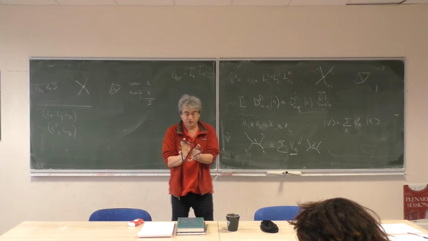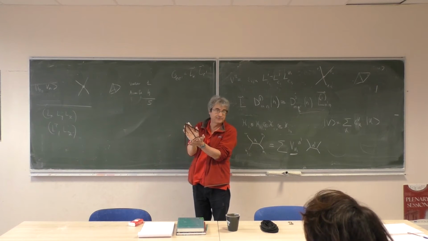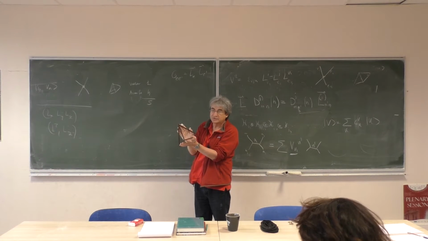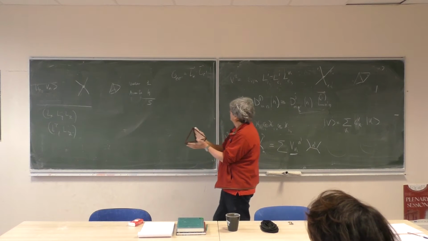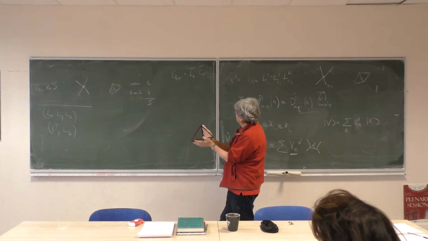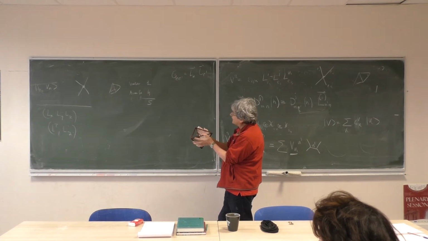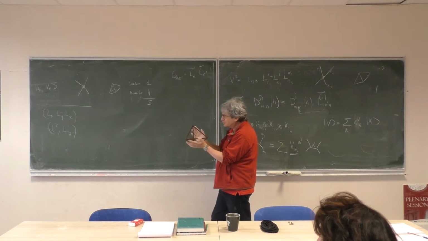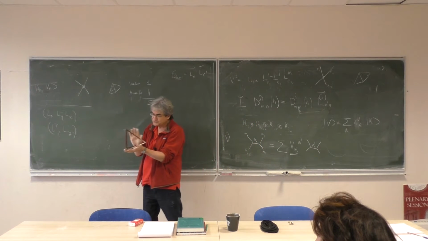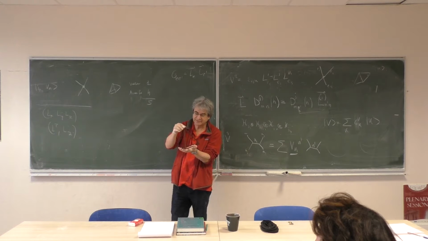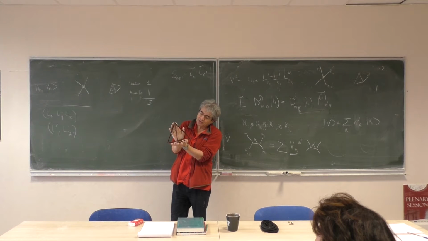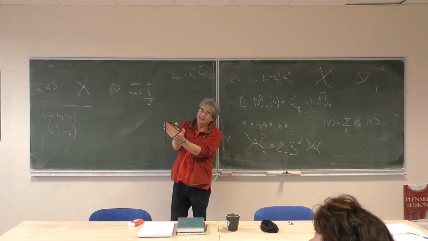So you can fix the angle of this, but you cannot fix all angles. So what can you do? You can fix 4 areas and the volume, or you can fix 4 areas and 1 dihedral angle.